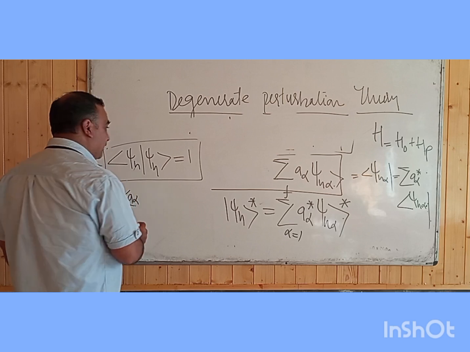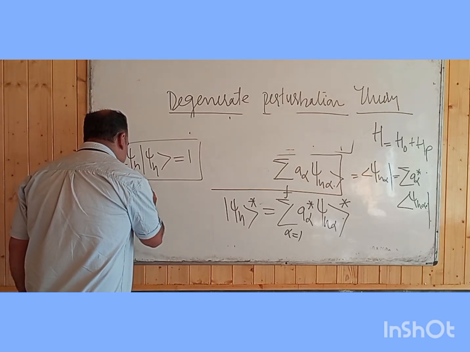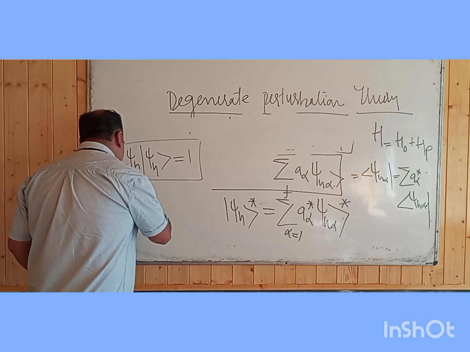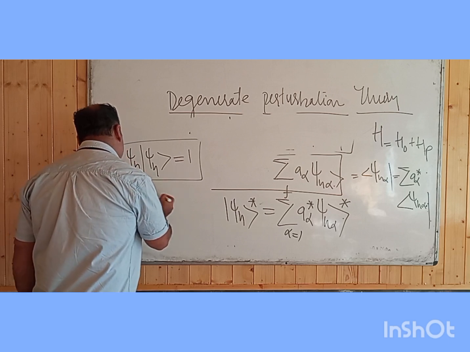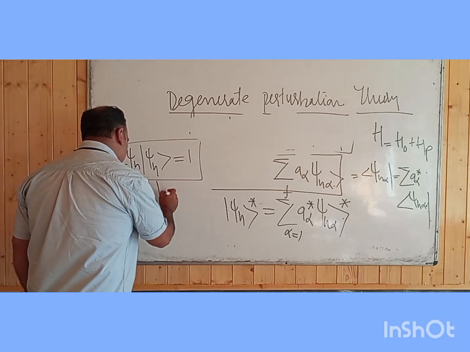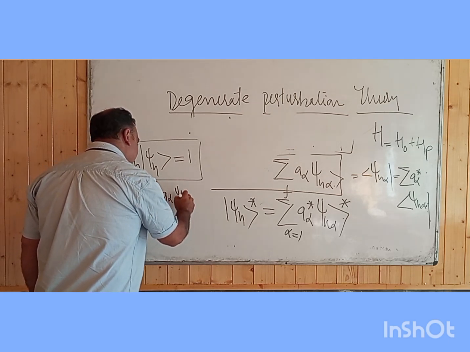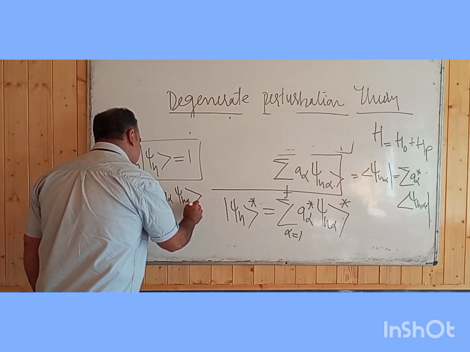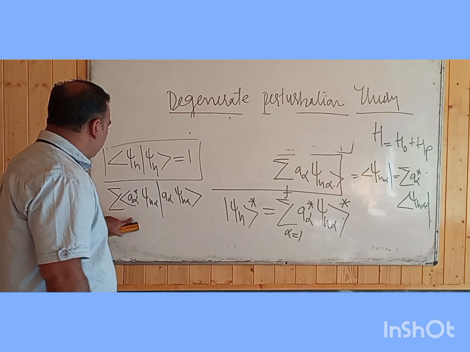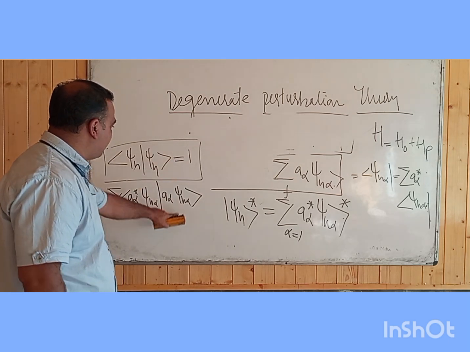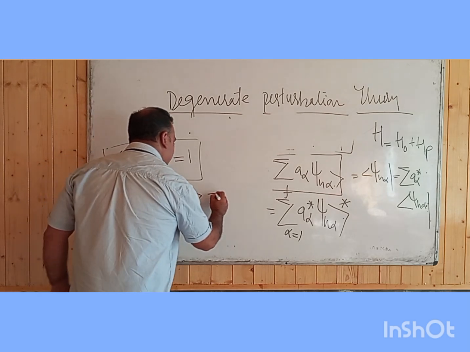We will have A alpha star with the bra of psi n alpha, and A alpha with the ket of psi n alpha, so that this inner product is equal to 1.